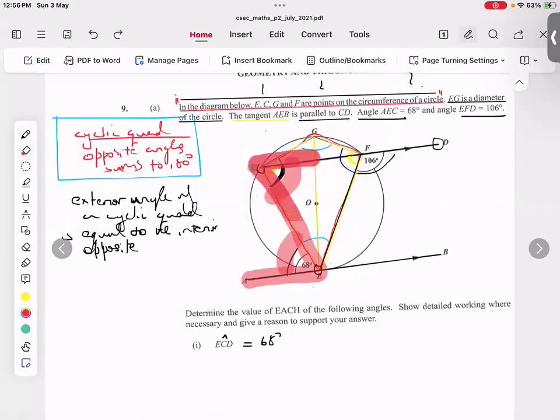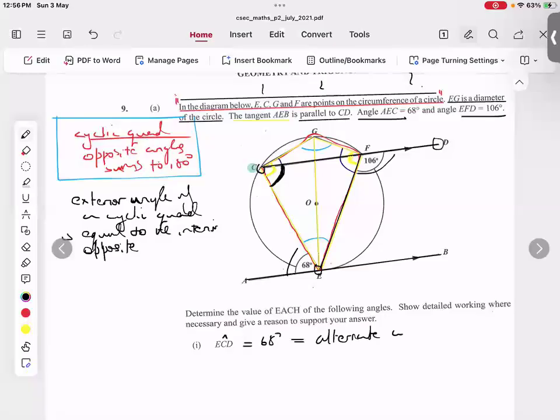You should see that clearly. So that's it. The answer for that question would be that ECD is 68. What's the reason? Alternate angles are equal.